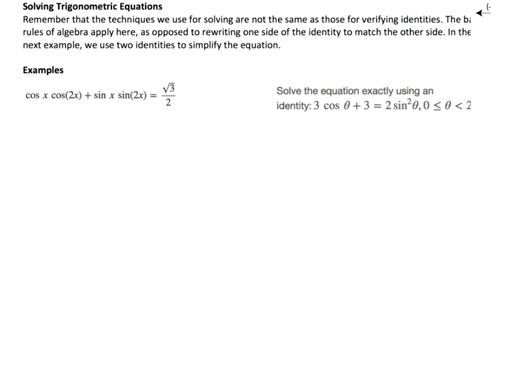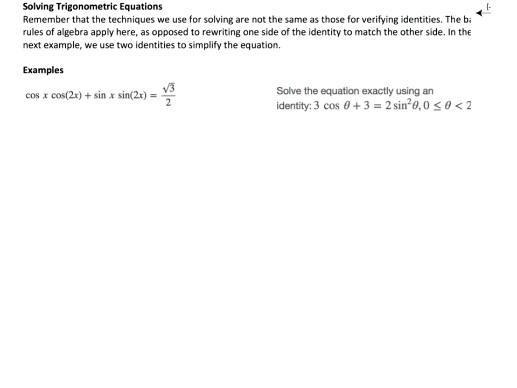So I'm going to turn that product into a sum. And then I've got sine alpha times sine beta, and I also turn that into a sum, and when I do that, everything's going to be in cosine. And that's going to be equal to square root of 3 over 2. So this first line is going to look really intimidating and really nasty. But once we get past the first line, it's not bad at all.